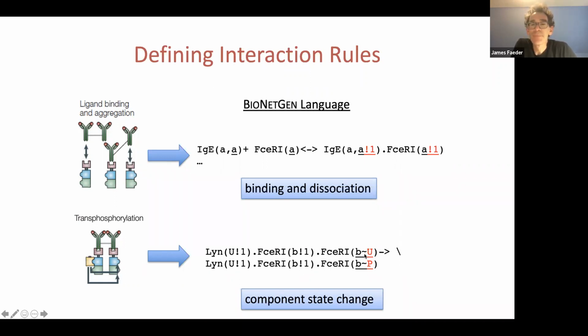And then you can have rules that change a component state or create a bond. Those are the two elemental kinds of rules. The reverse reaction obviously deletes the bond, so bond breaking is another main aspect.